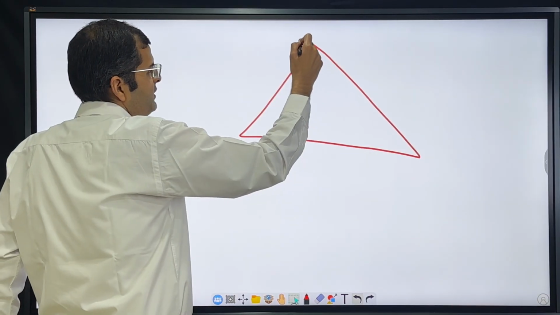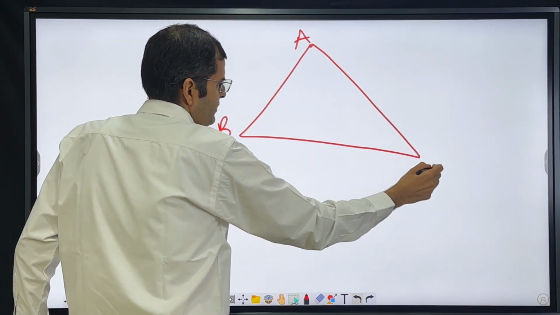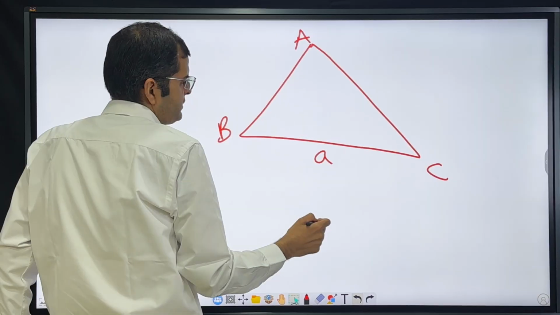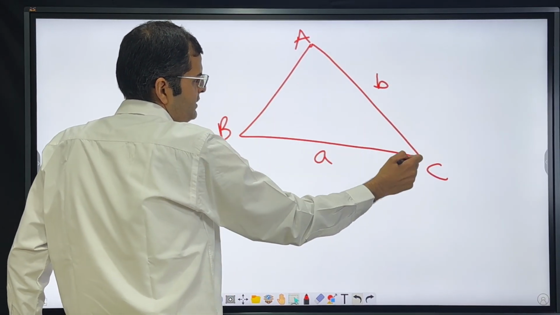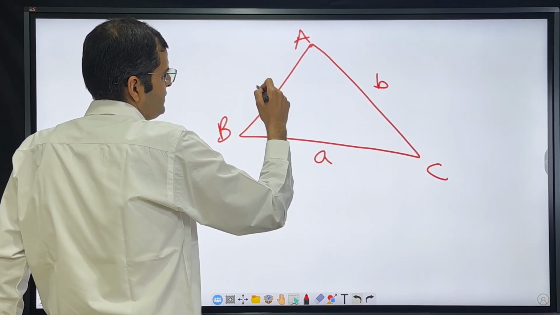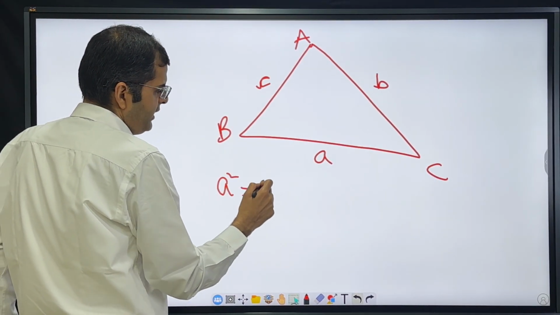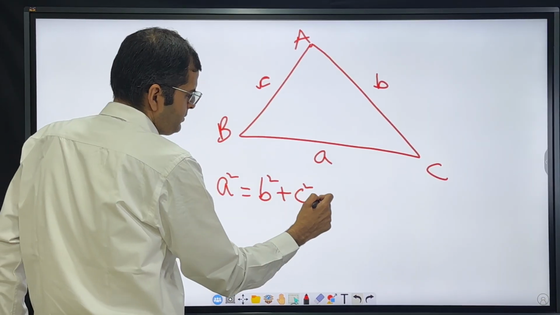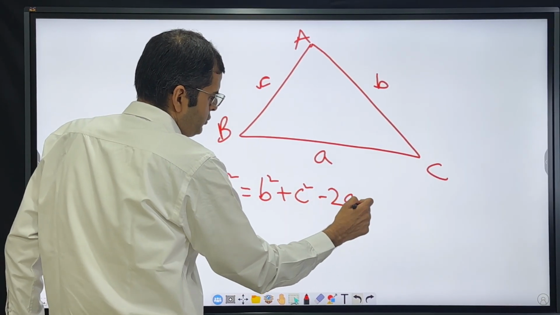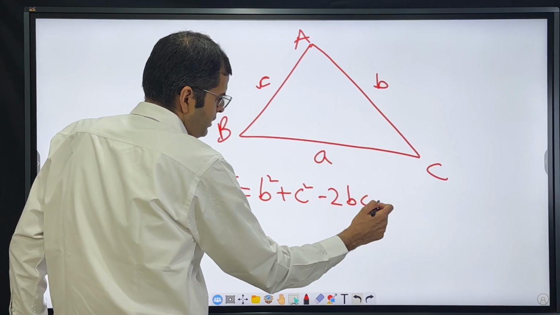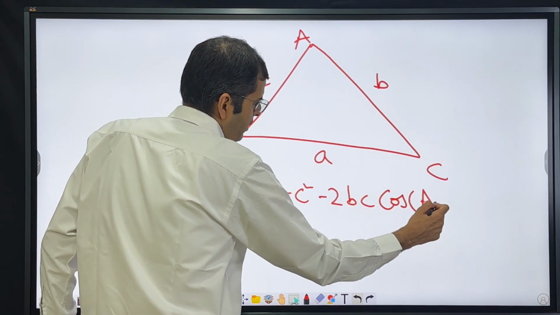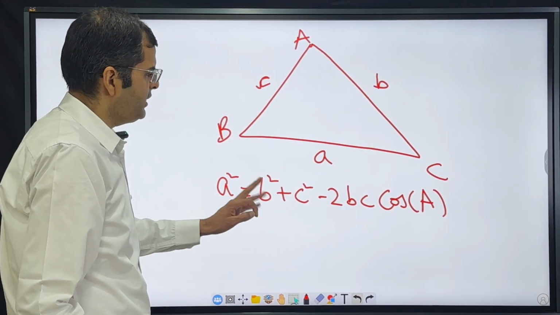The cosine rule is: if I have a triangle ABC, and opposite A I have small side a, opposite angle B I have small side b, and opposite angle C I have small side c, then the cosine rule says small a squared is equal to small b squared plus small c squared minus 2 times small b times small c times cos of A. This is the cosine rule.